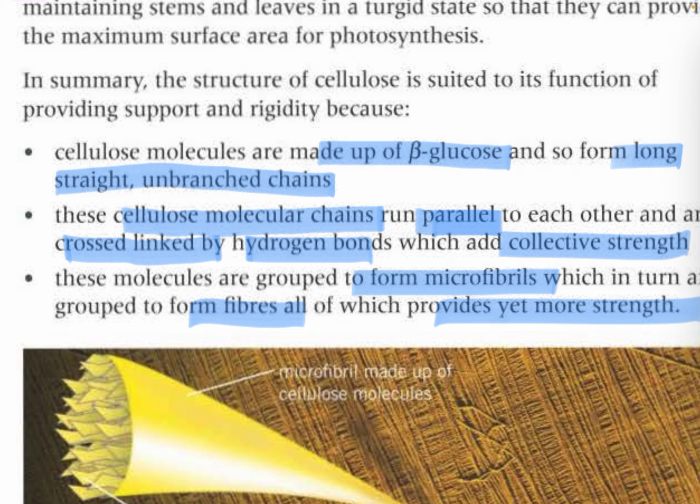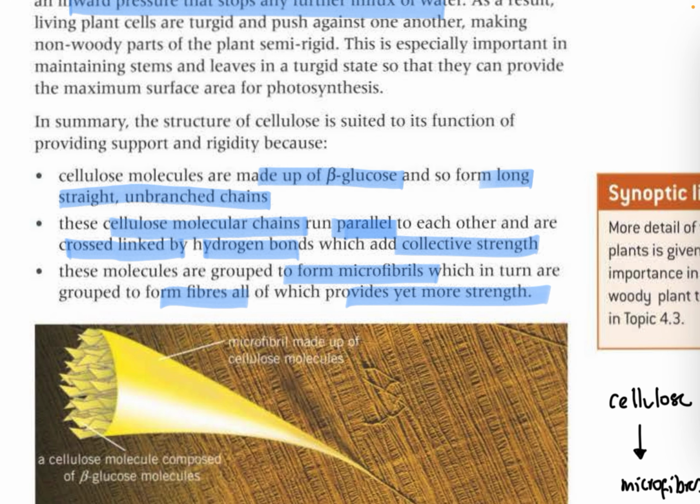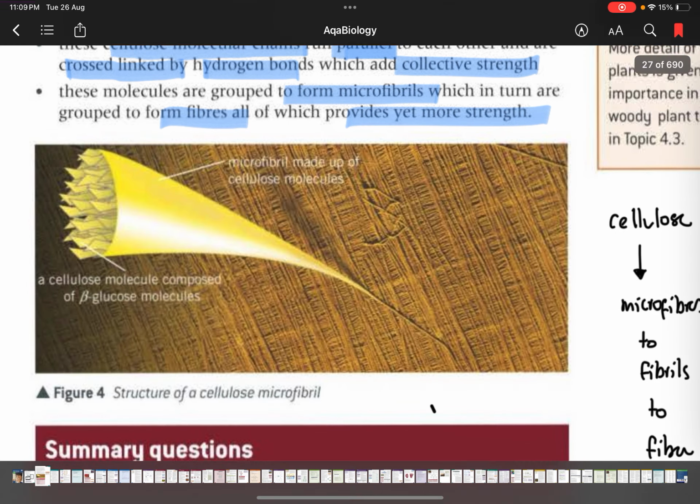Cellulose molecular chains run parallel and have weak hydrogen bonds that collectively result in immense strength for the plant. Molecules are grouped together to form microfibrils, which in turn are grouped to form fibers, which provide even more strength. So microfibrils grouped together, fibers, which provides a lot of strength.